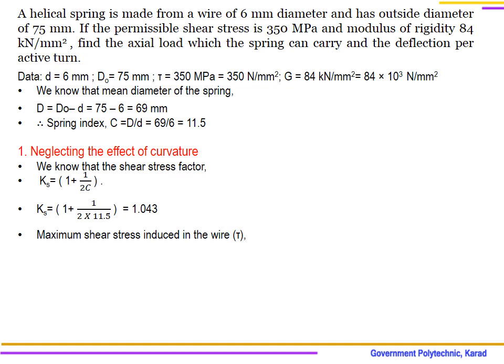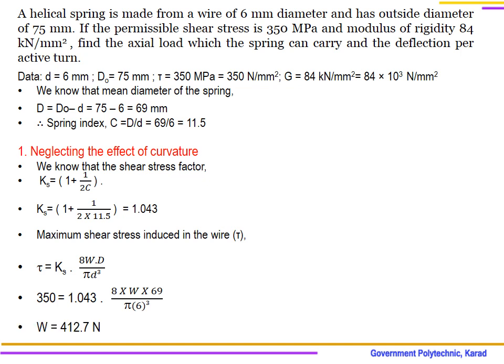Now we find the shear stress induced in the wire by the relation: shear stress is equal to Ks multiplied by 8WD upon pi d cube. So we put shear stress as 350, Ks as 1.043, multiplied by 8, W is unknown, we are supposed to find the axial load, multiplied by mean coil diameter 69, upon pi times wire diameter cube, 6 cube.